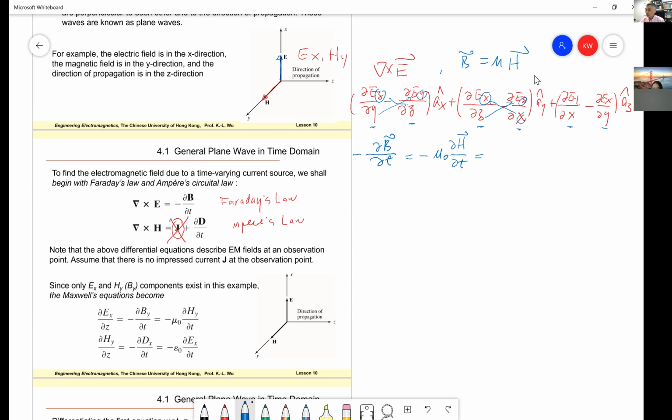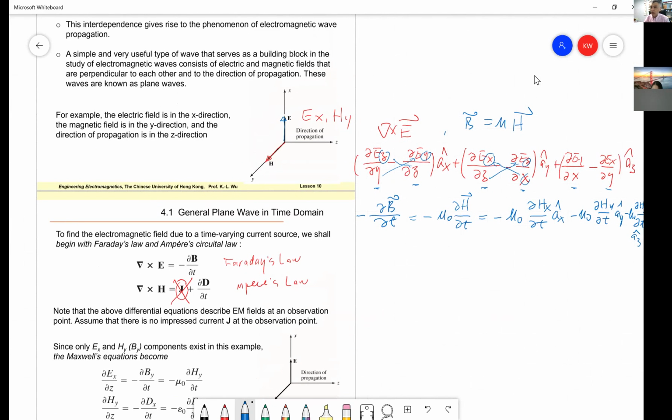Okay, so we have 3 components. And then one more assumption I'd like to make: the electrical field is polarized, because the electrical field is a vector.